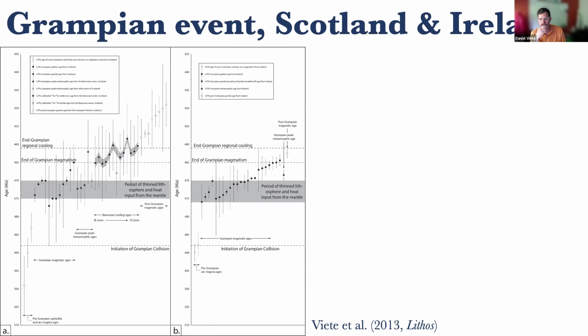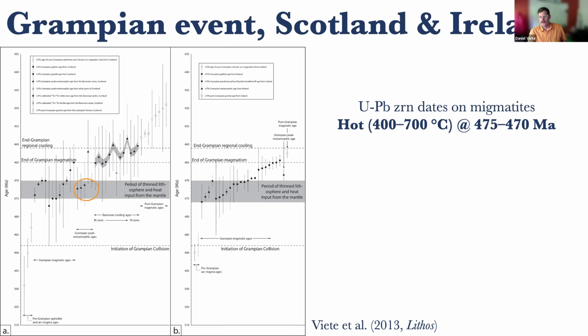So I'm just going to go through and look at the timeline as constrained by geochronology. So first of all, we have some dates here, which are uranium-lead zircon dates on migmatites. These date high-grade metamorphism, and they range 475 to 470.